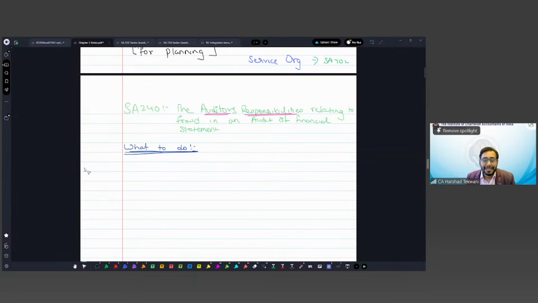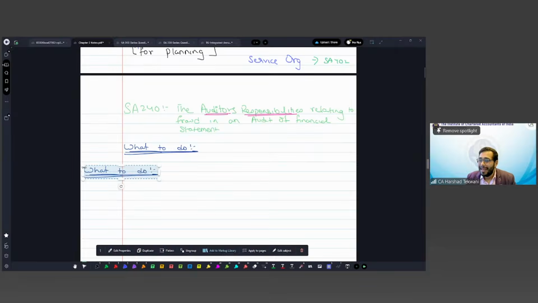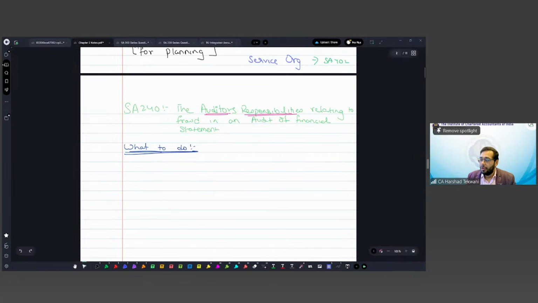Over there, we will understand whether management has considered the risk that the financial statements are materially misstated due to fraud. That is the one thing that you need to understand. And this is a part of inquiries with the management. I will do inquiries with the management and understand all these points.